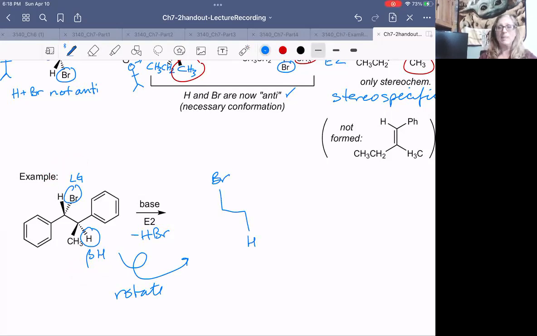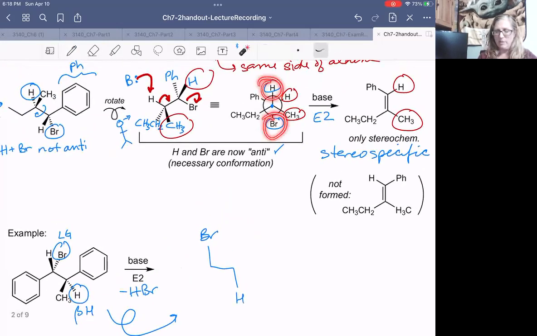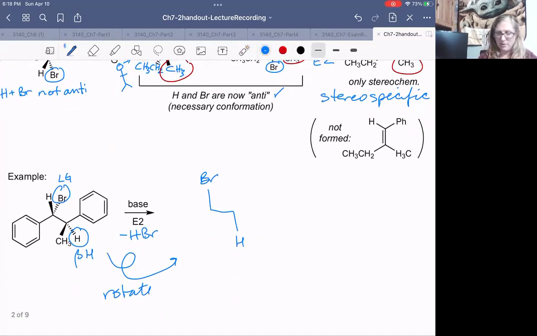So both of them in the plane, one straight up and one straight down, is always going to correlate to this anti relationship. Okay, so now there's going to be a dash and a wedge here and a dash and a wedge here.